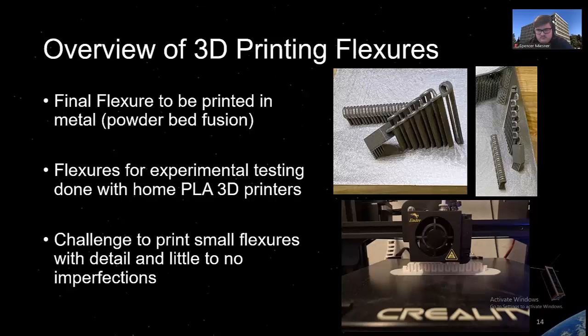The small challenges that occurred with printing in PLA included flexures with detail and little to no imperfections, since the flexures themselves had to have a very rigid foundation and strong support structure to be printed at all in the first place. As you can see in the images to the right, the images on top are a representation of what our springs or flexures would look like printed in metal, whereas our springs printed in PLA are the image below.